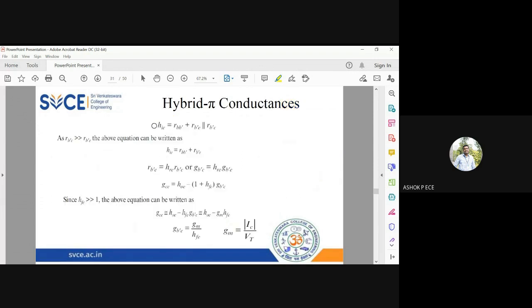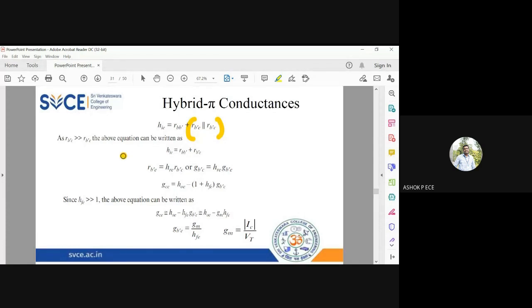So hie is equal to RBB' plus the parallel combination of these two. If you write it in brackets, this will be easily understood: these two are in parallel because current is getting divided, which is in series with RBB'. Generally, the RB'C value is very, very large, and a very large resistance can be ignored as an open circuit.